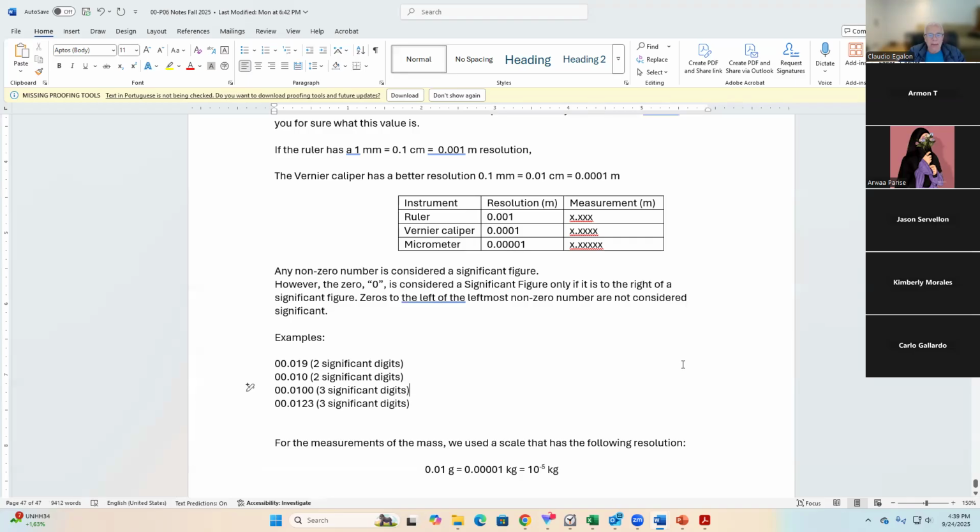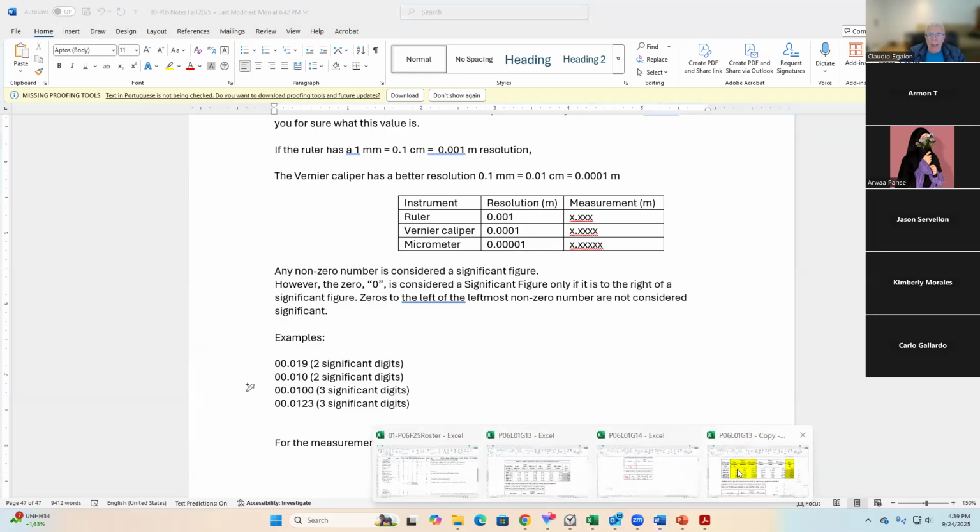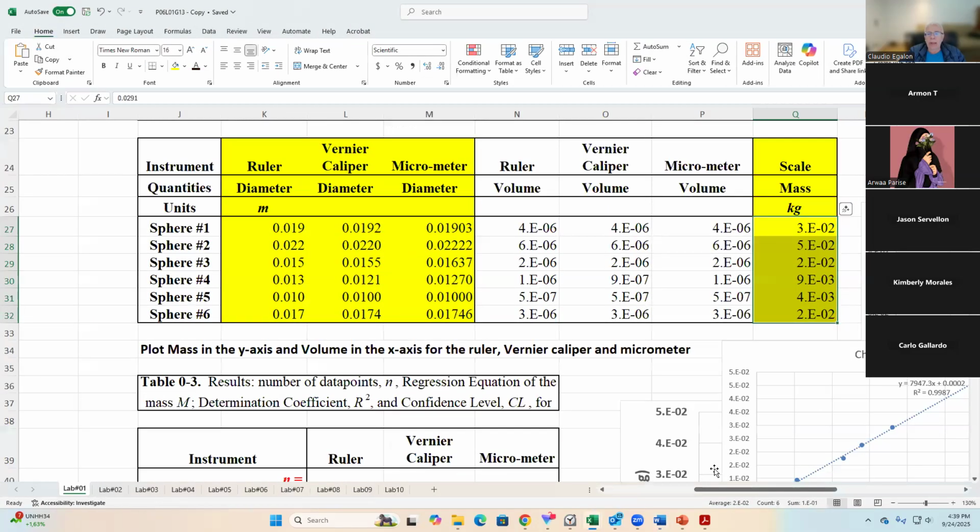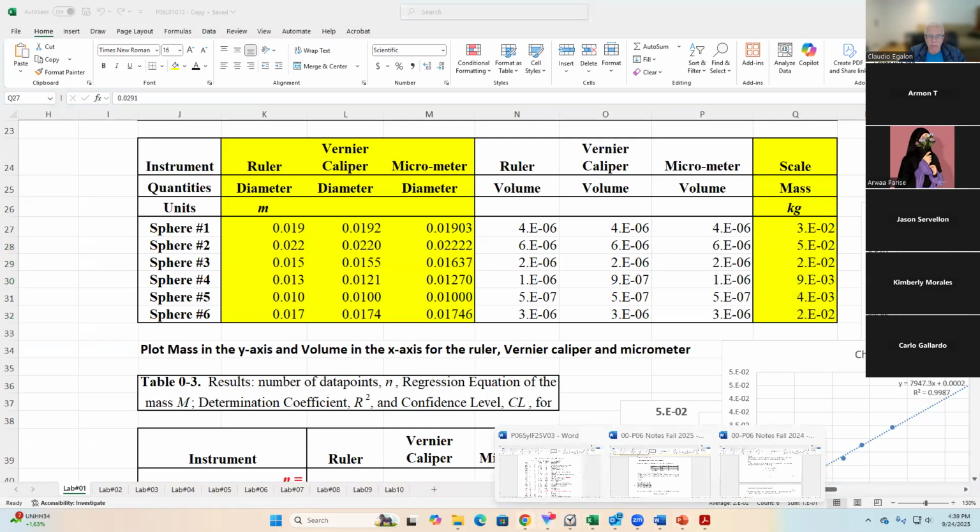Okay. And now we go back to our table here. And we go ahead, we display my measurements with 5 decimal places. Let's count if it's 5 decimal places.